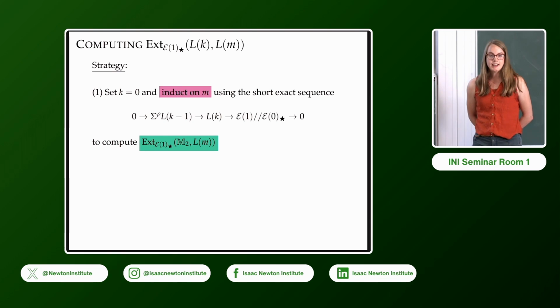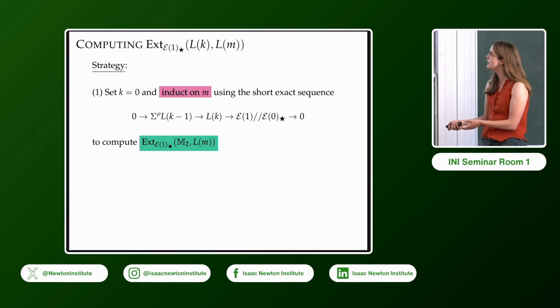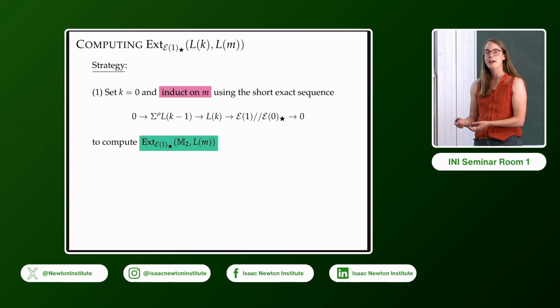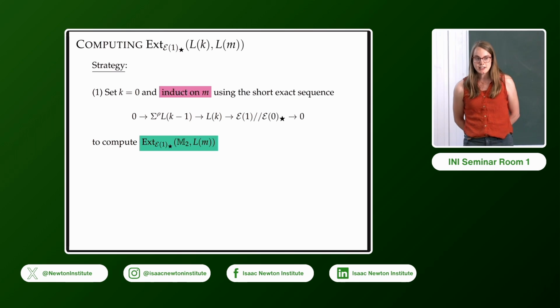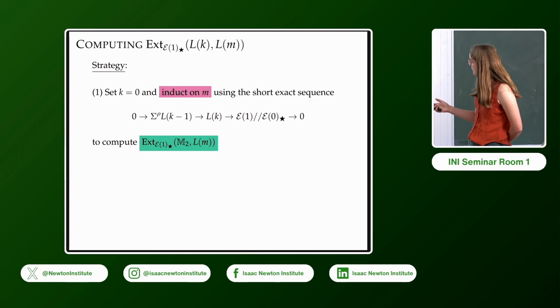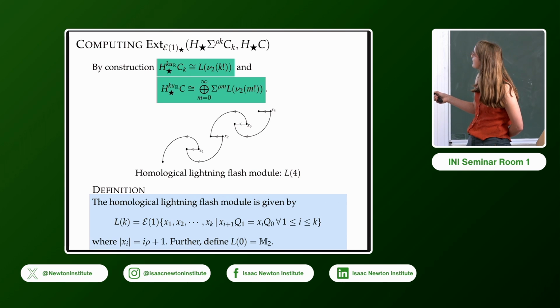So our strategy for that is going to begin by setting the first factor, k, equal to 0, so that we're computing Ext over E of 1 of M2 L of m. And we're going to induct on m using a short exact sequence in the lightning flash modules. So if we go back to the previous slide, we can envision how if we truncated this at x3 and took the rho suspension, well, this would move this x3 up to where x4 is, and it would lay on top of everything from this point connected to here.